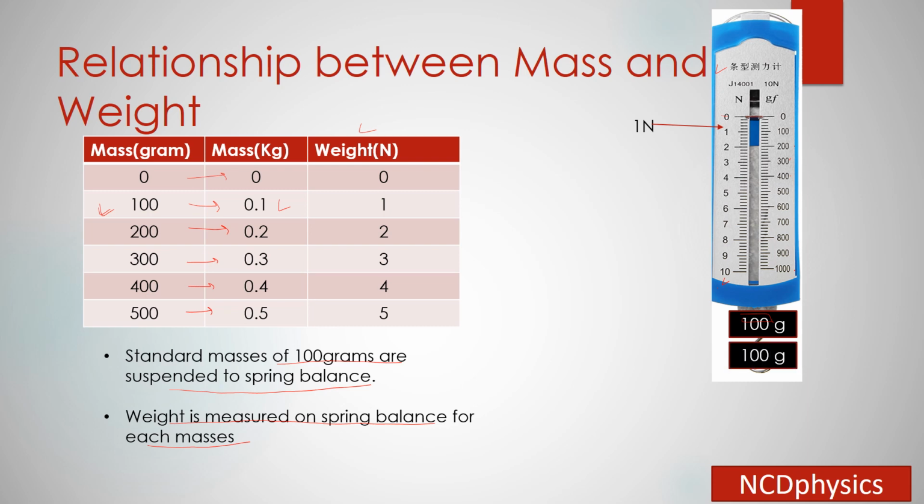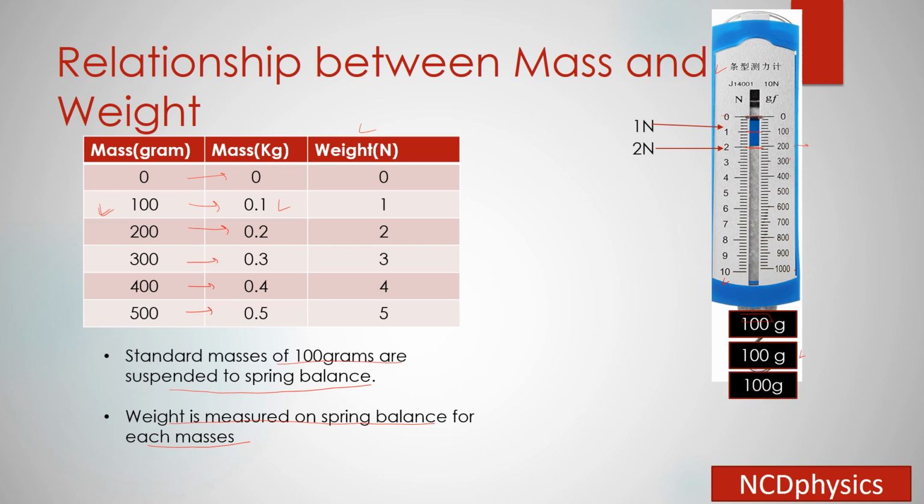Then I put one more 100 gram, so now I have a 200 gram mass. What will be the reading? When it is 200 gram, the weight of the object will be 2 Newton. The pointer will move in the downward direction.